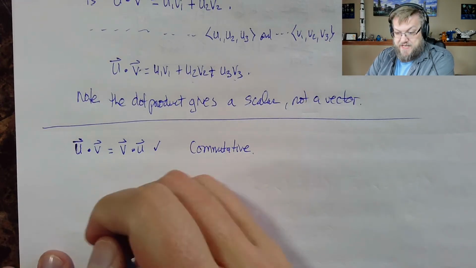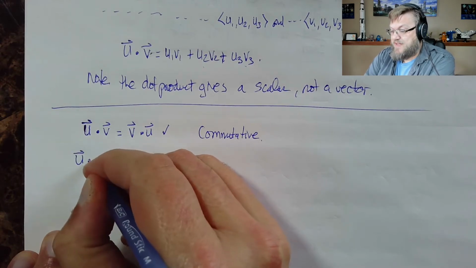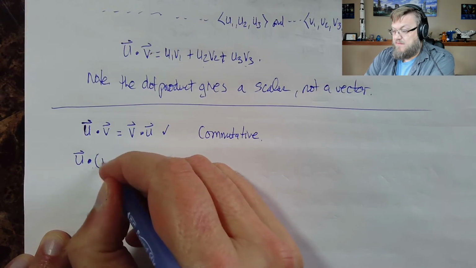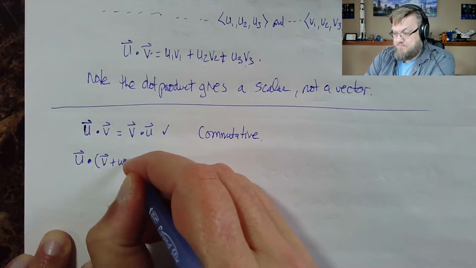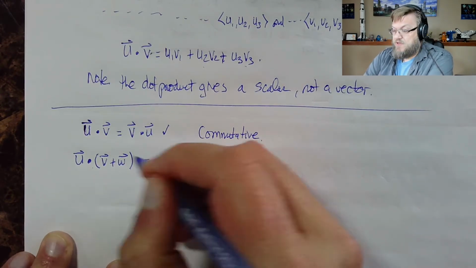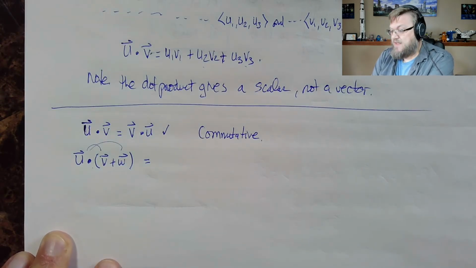Another property that we like multiplication to have is that it's distributive. And so what would happen if I take u dot vector v plus w? Well, in a perfect world, if I had my choice for multiplication, I would love to be able to distribute this like it was multiplication of real numbers, like in algebra class. And guess what?